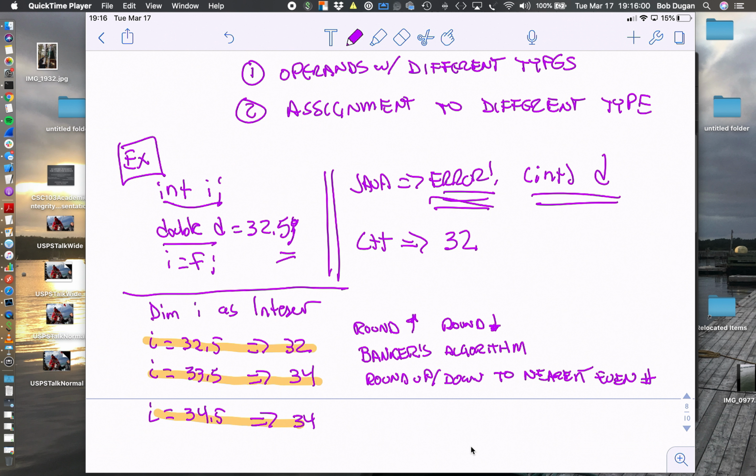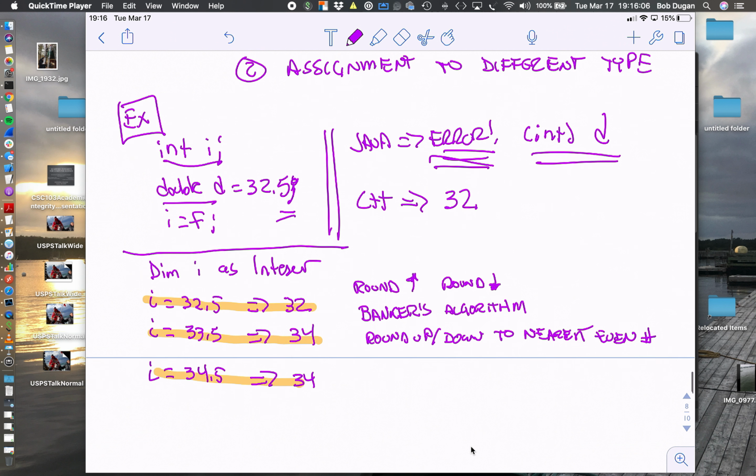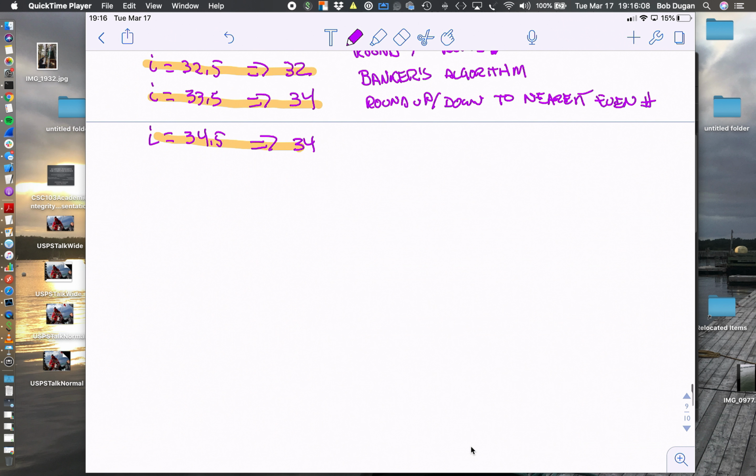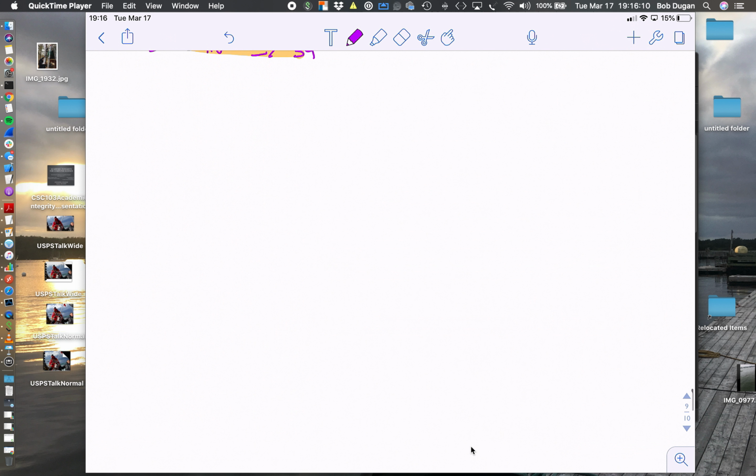Now, there's a way to think about type conversions to build your expectation as to what's going to happen when you do a type conversion within an expression. And that is, you want to answer the question of whether you're doing a narrowing conversion or a wide conversion.